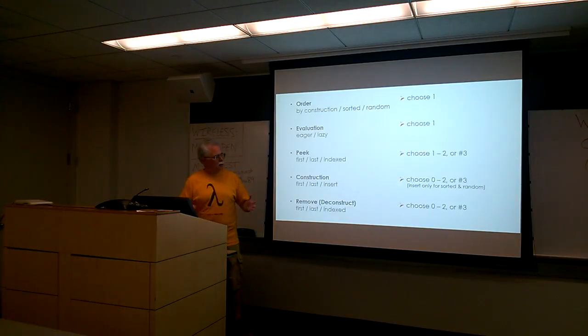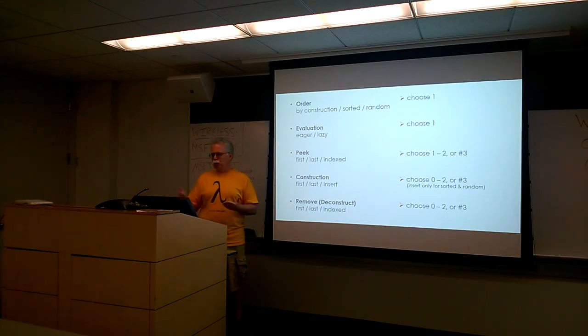So I want to take a look at the characteristics of what a linear data structure is and what it does. Starting with order, the order of your linear structure is usually by construction. Okay, that's pretty much what we're all used to. But I want to open up your minds to the fact that it could also be some other things.